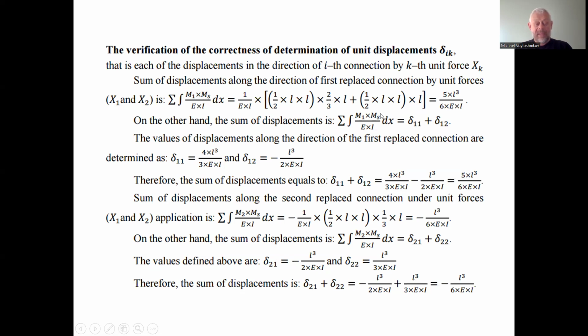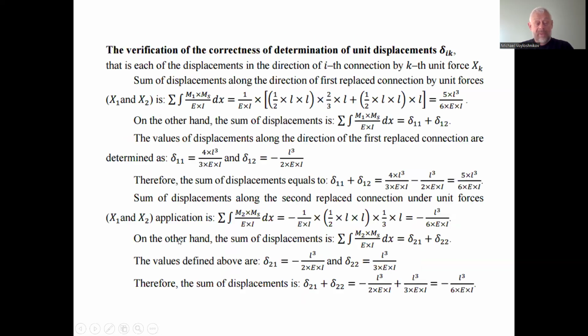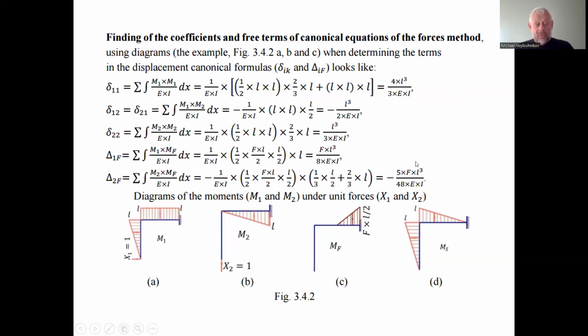So the second one is the product of the area of the second diagram by the magnitude at the center of the area of the second diagram, the magnitude we have from the first direction, as we find the displacement in the first direction, but with two forces, first and second, two unit forces.